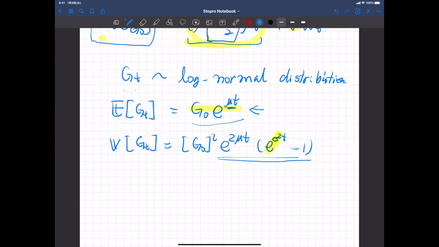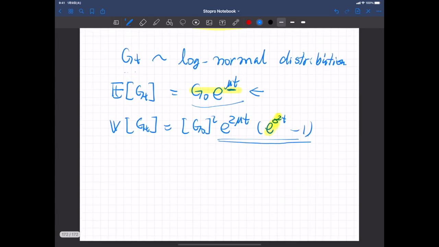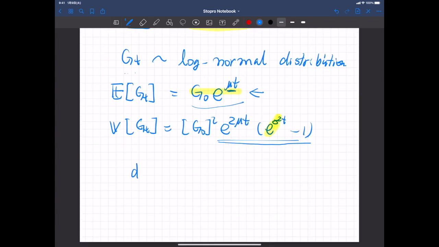Now let's look back at the stochastic differential equation, and that was this.